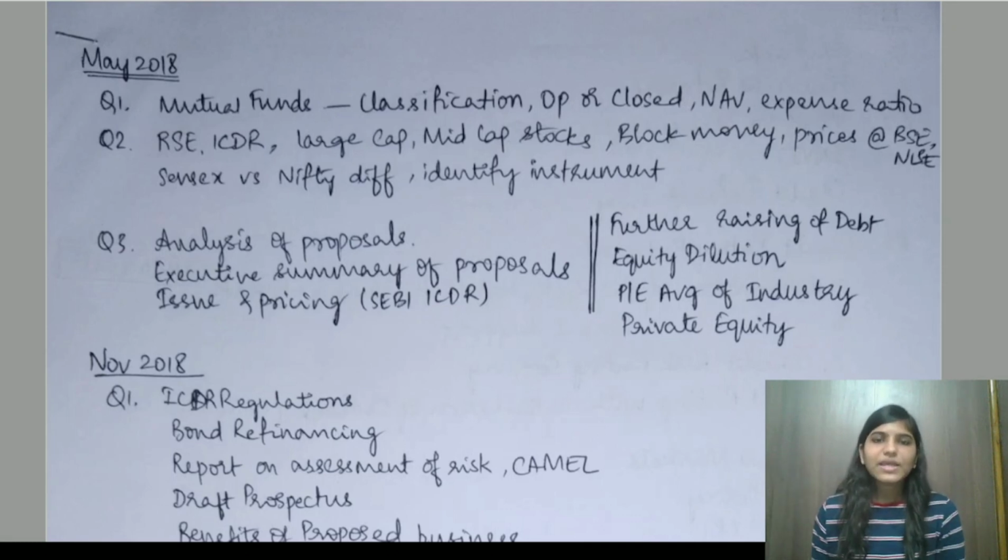So this way, if suppose a classification of mutual funds question appears in my examination, I know that I have to refer to the May 2018 suggested answers, so that I can understand the structure of the answer which I have to frame, the content I should be presenting to the examiner, and the extent of deep diving I should be doing for the particular answer.